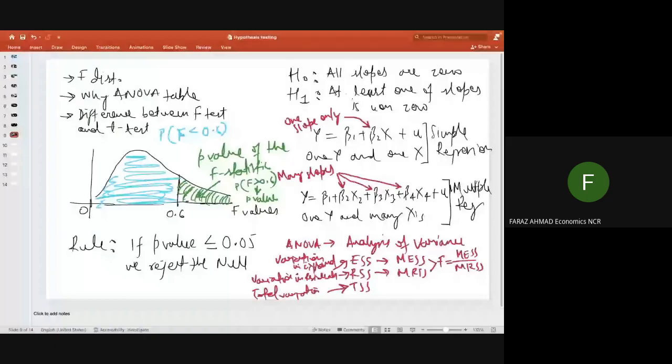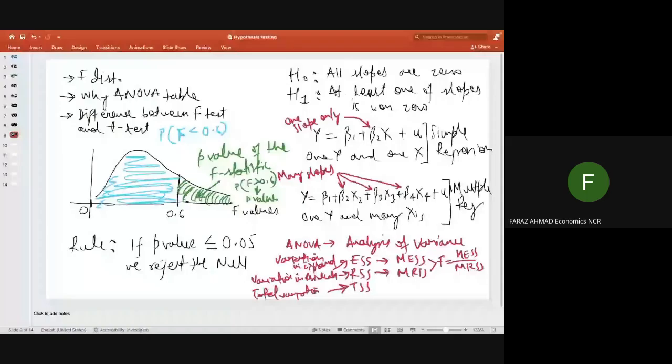And there may be another x in the same regression which has a p-value greater than 0.05, for which, if you perform the t-test, the null will not be rejected. So you would say that x does not affect y. So it can happen that some x's affect y and some do not in a given regression. You can know it by doing individual t-tests.